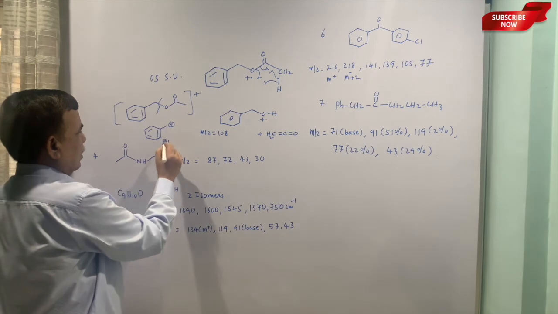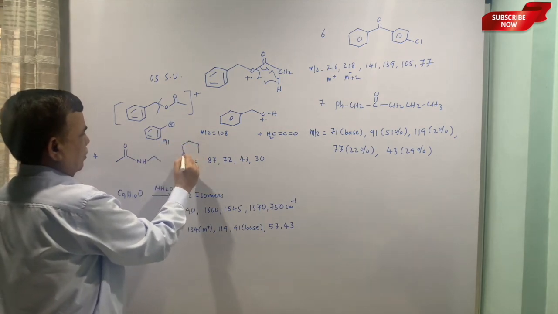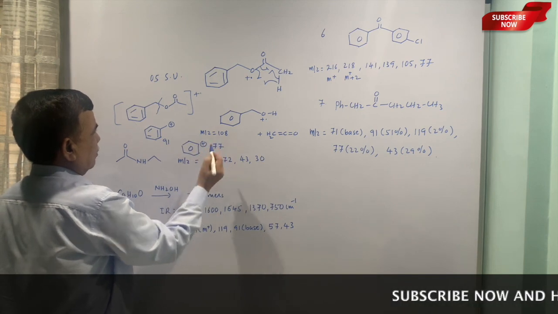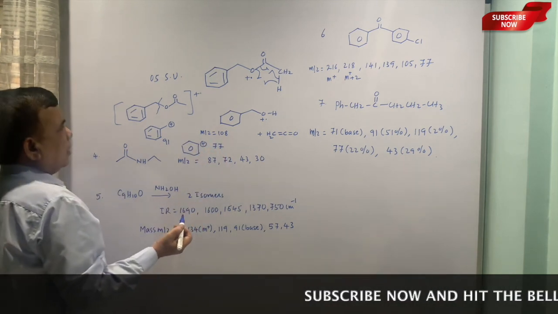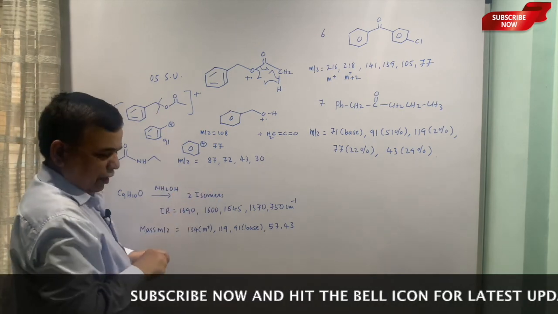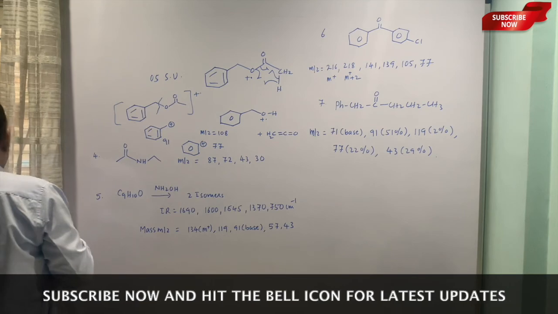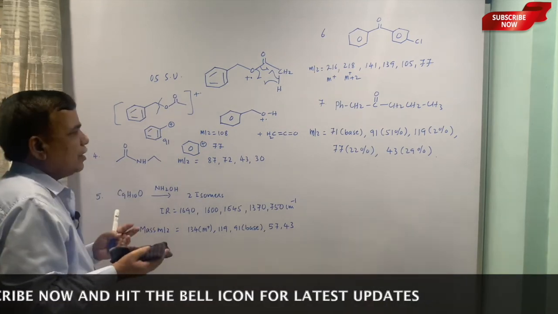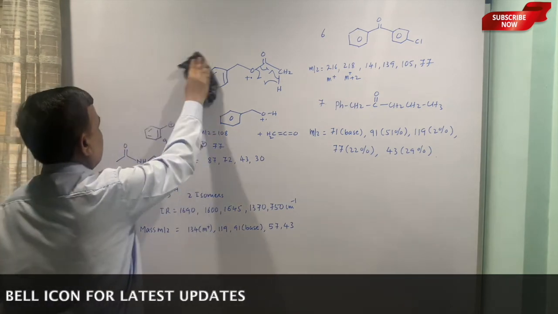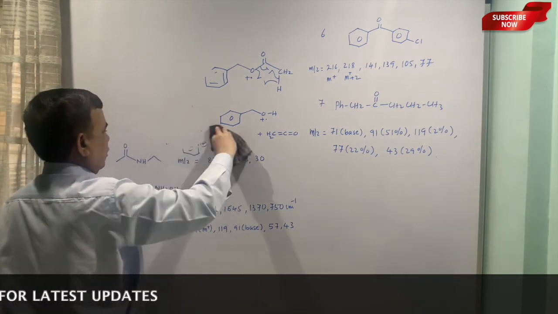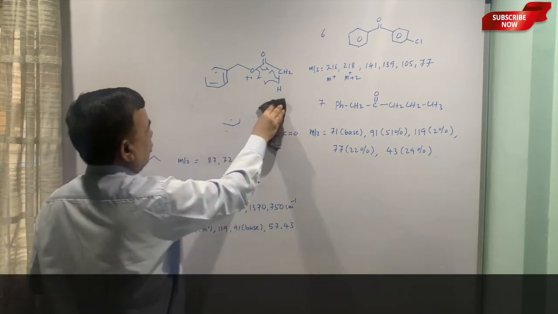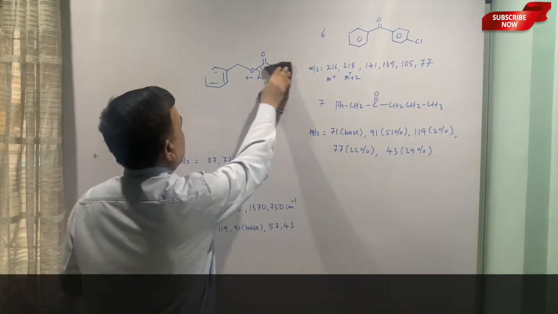This is 91, this is 77, and the other peak also you can explain. So, the structure is expected. So, once you explain the base peak, the other things would come automatically. So, no need to worry about all other peaks, because your base peak is going to decide the skeletal pattern of the molecule.